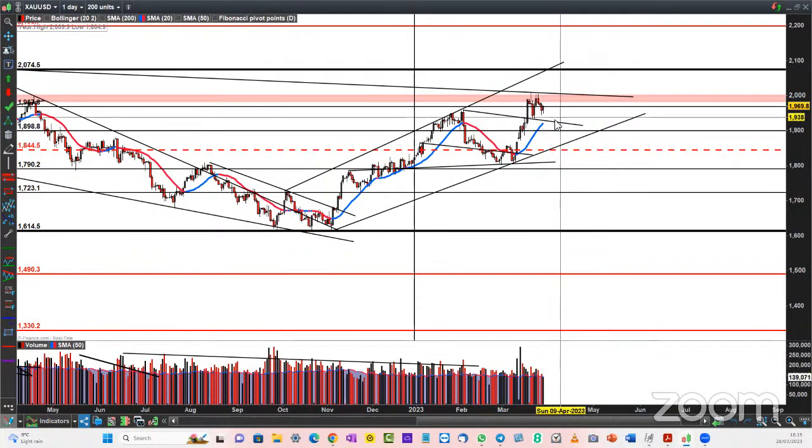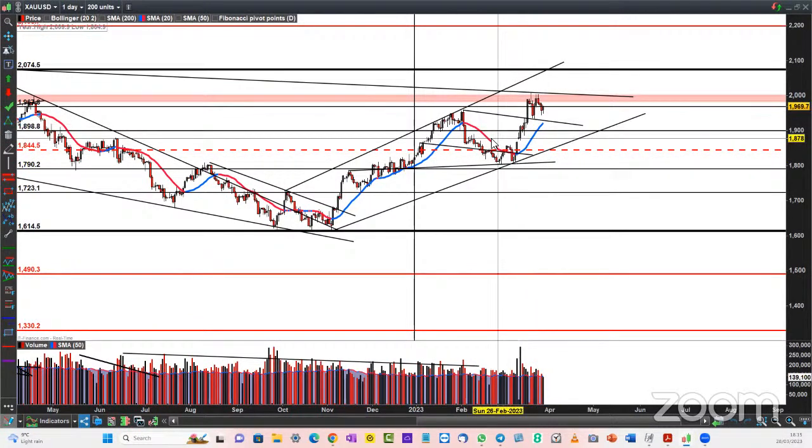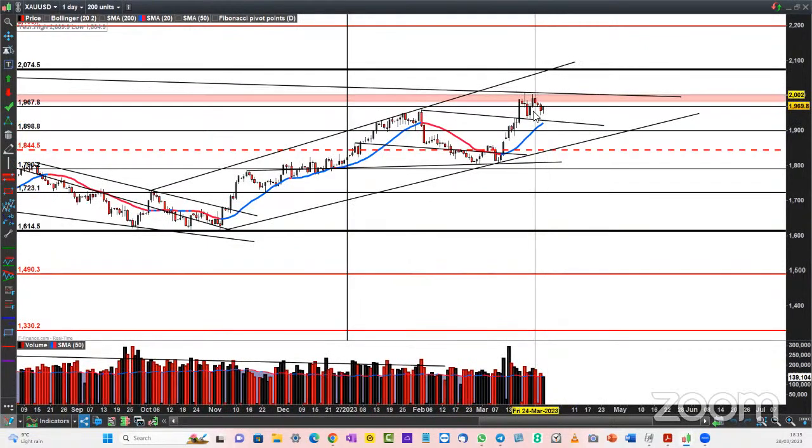And you can see I've got a trend line suggesting that if we drop all the way back to 1920, 1925, that would reconnect us with this daily 20 average and this trend line support we've got here. In the meantime, I am buying dips. I have a longer term position on this, and I'm also buying miners.